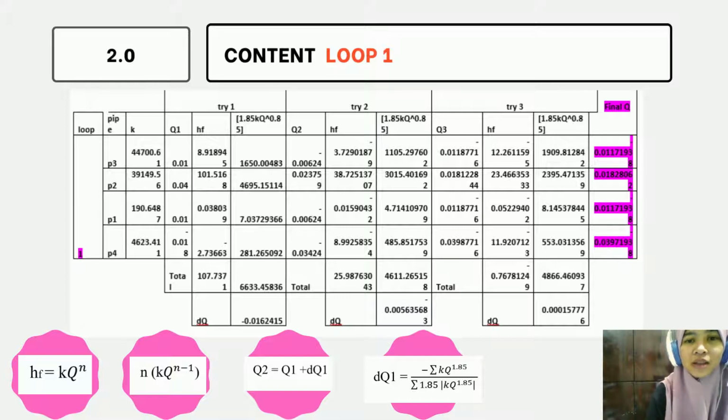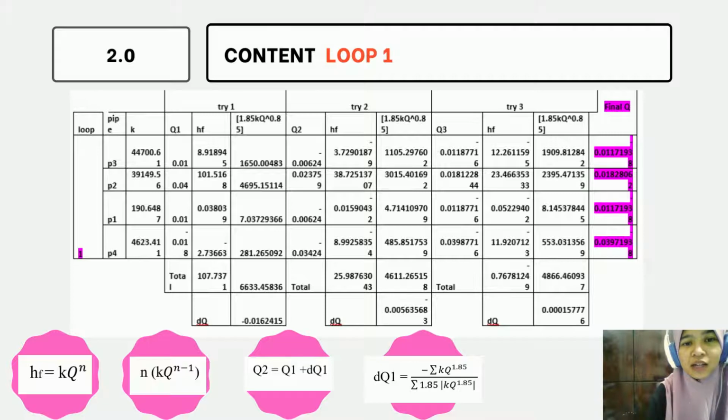For loop 1, we tried until 3 trials to get 0.000 for delta Q. For the first trial, the delta Q that we get is negative 0.0162415 meter cube per second.